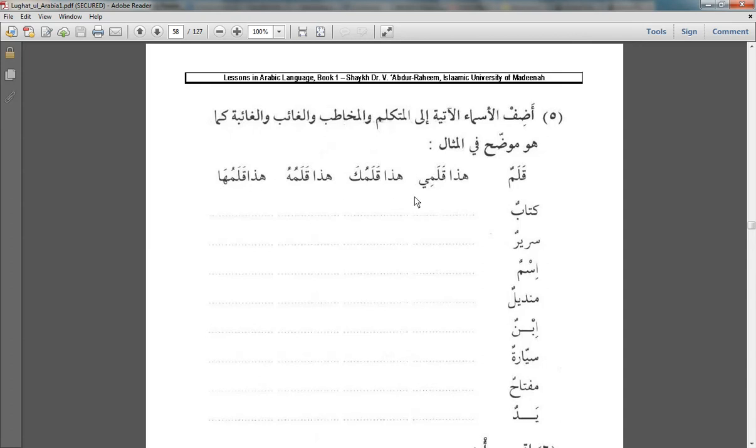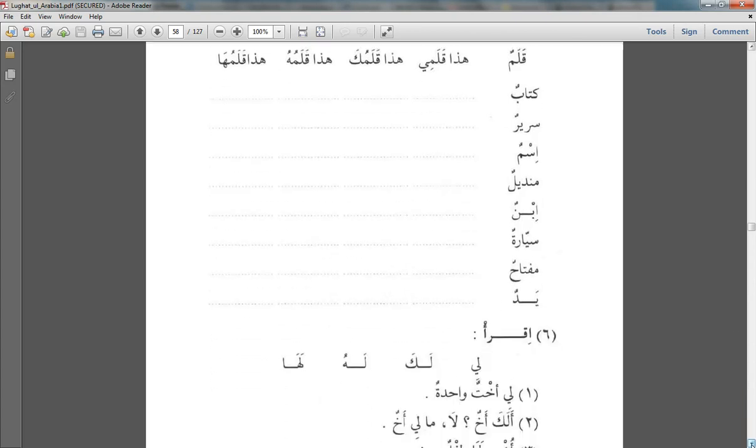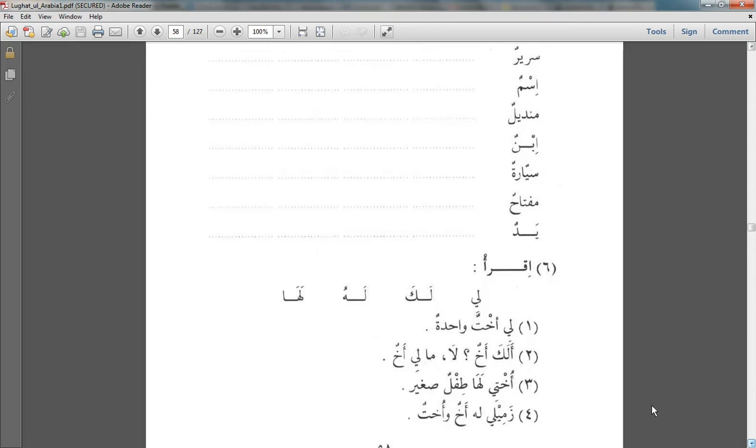So using these same examples, do the same thing with these words. كتاب, هذا كتابي, هذا كتابك, هذا كتابه, هذا كتابها. سرير, bed, هذا سريري, my bed, هذا سريرك, هذا سريره, هذا سريرها, and so on. Is pretty straightforward. I think everybody can do that without any problem.